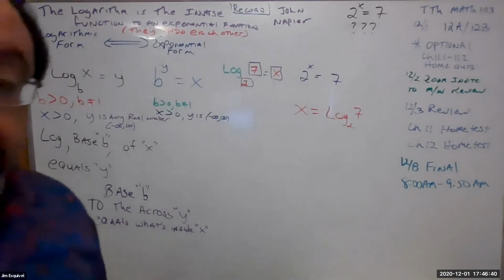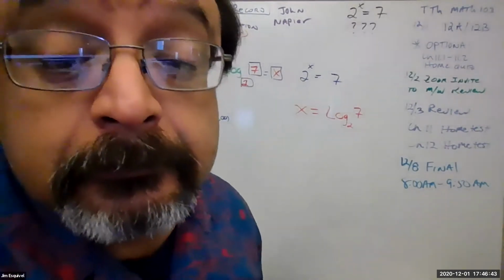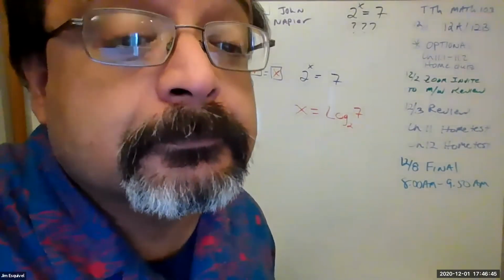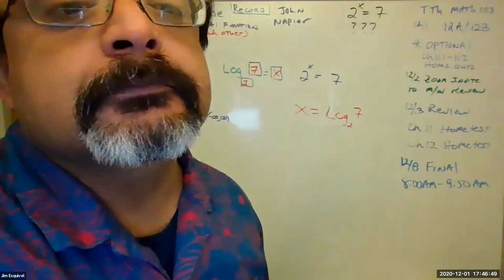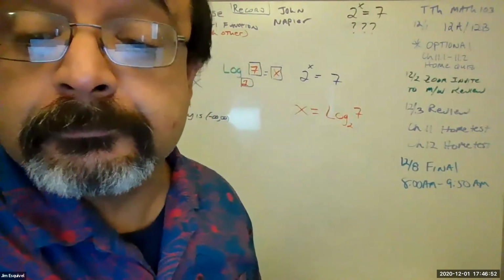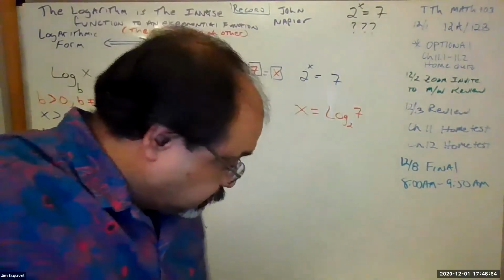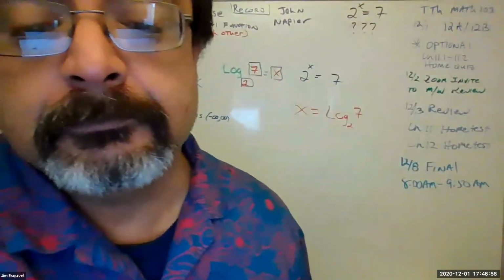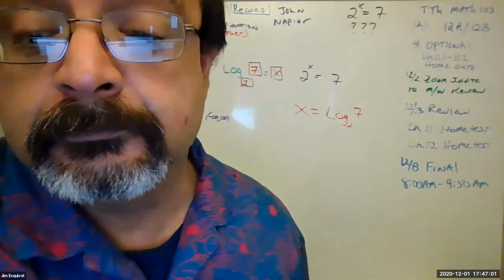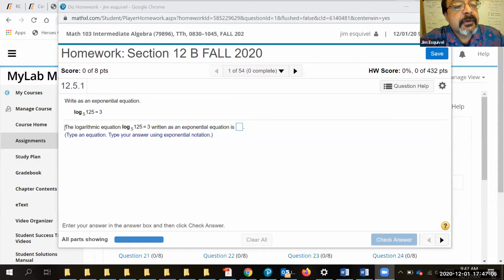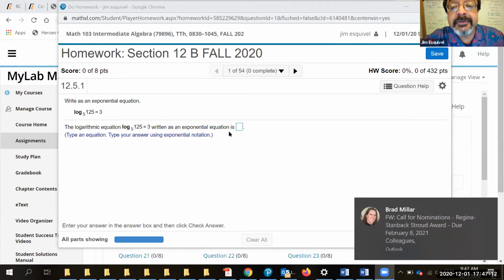The first set of problems on the homework is in 152. Right here, all you're doing is writing as an exponential function, converting this into an exponential function.